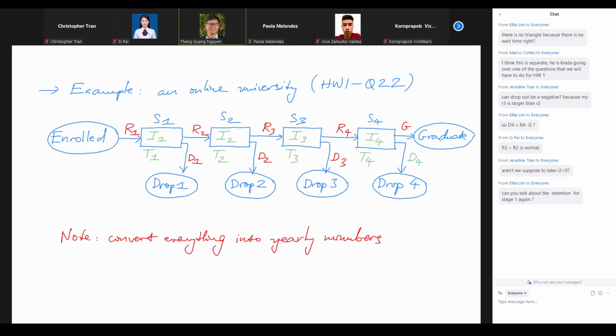So does anybody have a question for me at this point? Lita got a question about the retention rate for stage 1. All right, so for stage 1, you just take R2 divided by R1, right? For example, if 100 students enter, and 95 of them move on, meaning 5 of them drop out, then you take 95 divided by 100, R2 divided by R1, and you have the first retention rate.